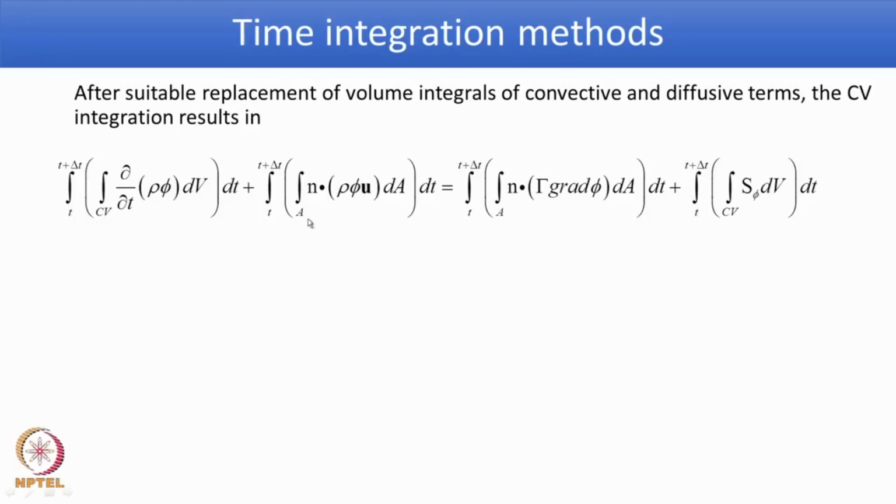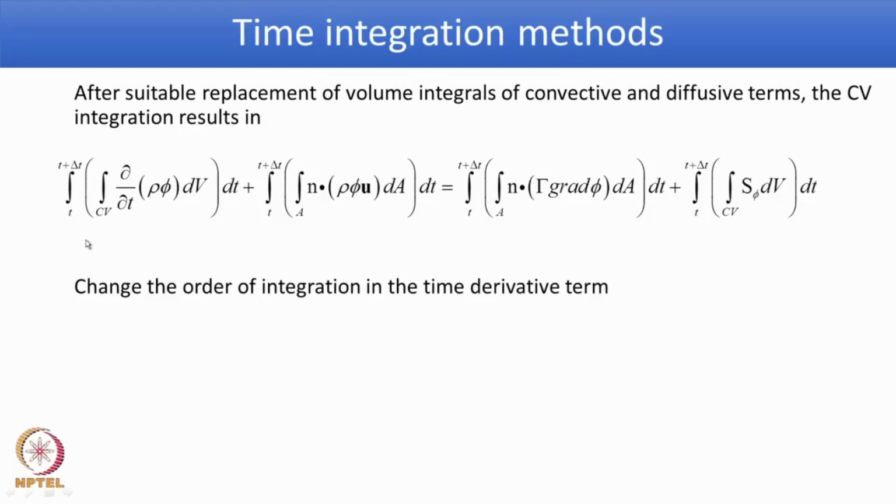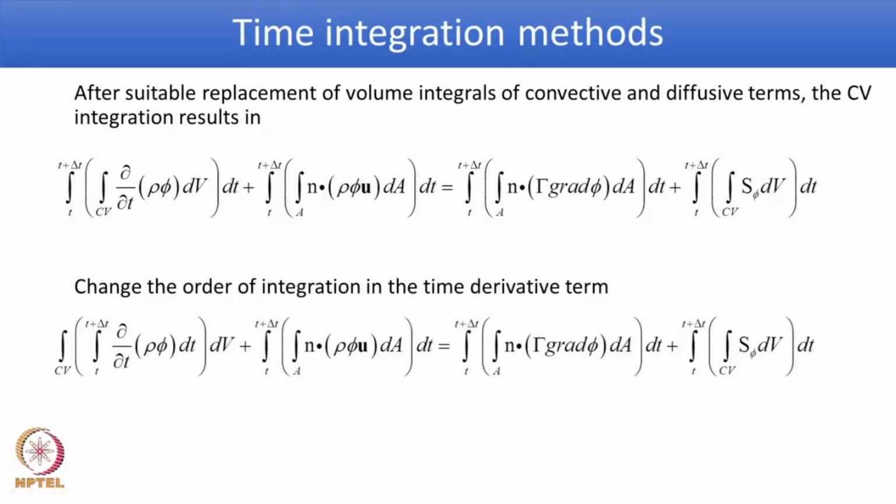The remaining terms are all known before, the convection term, diffusion term or any source term. We can replace, in the time derivative term, the integration over the control volume and the integration over the derivative. So, change the order of integration in the time derivative term, which will result in the formulation as shown here. This is from time t to t plus delta t.